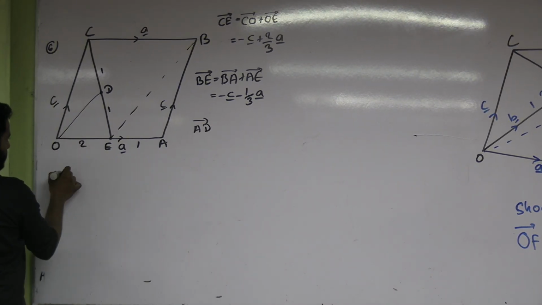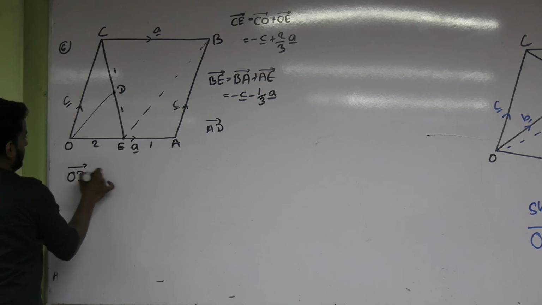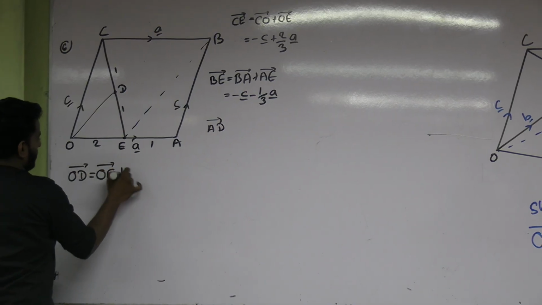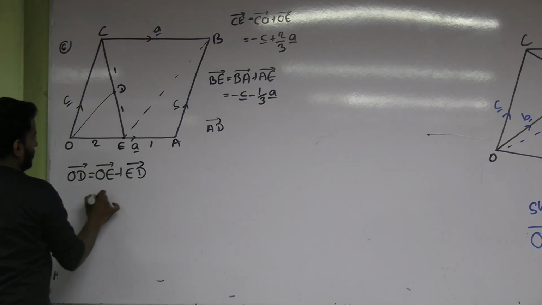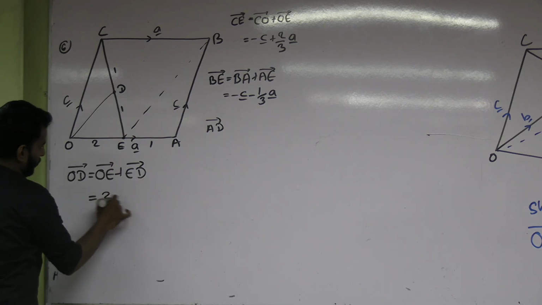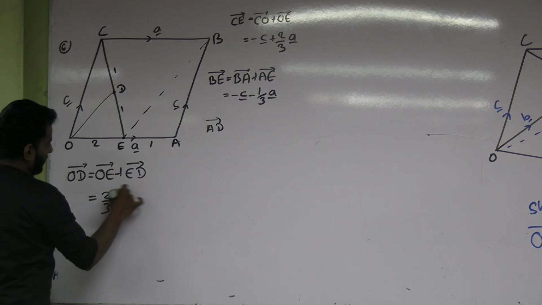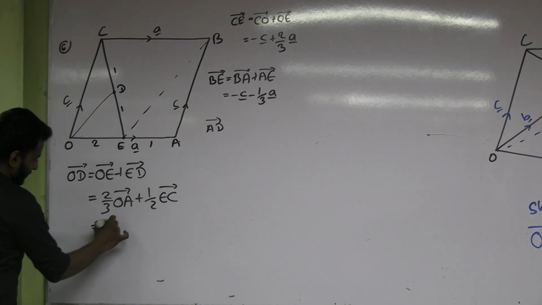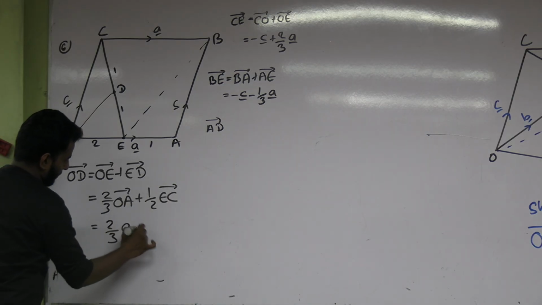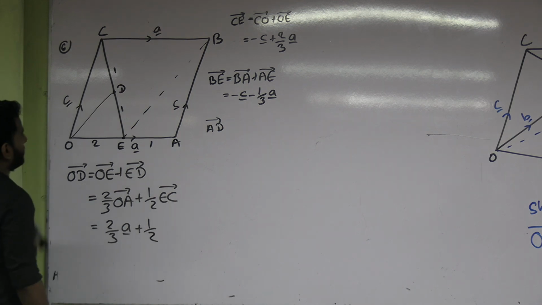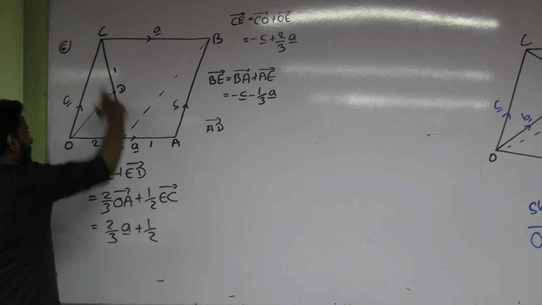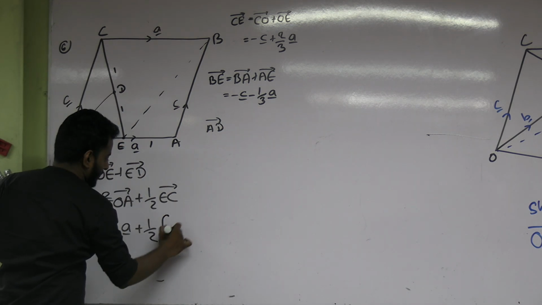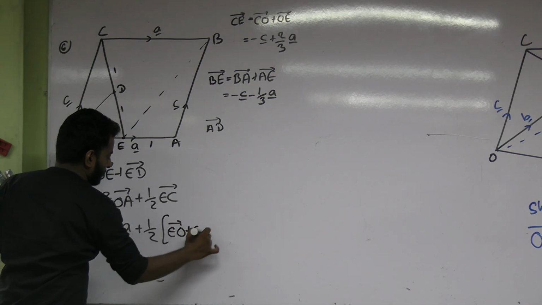So the vector OD is equal to OE plus ED. So OE is 2 over 3 OA. ED is half EC. This is 2 over 3 A plus half EC. So EC is a complete vector, you can write it as EO plus OC.